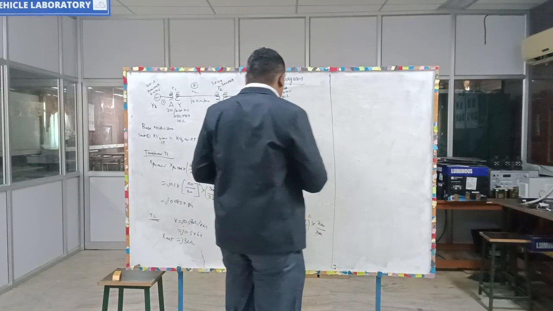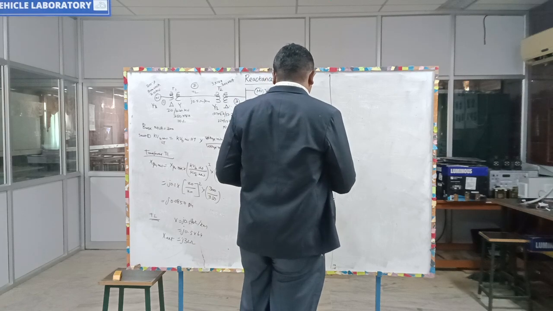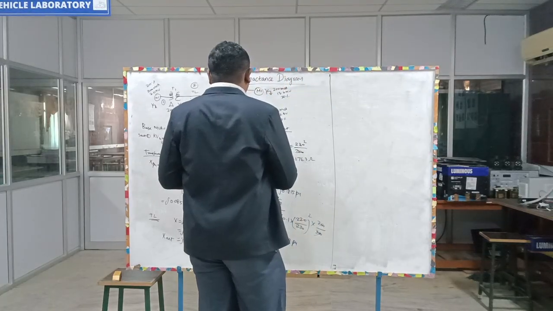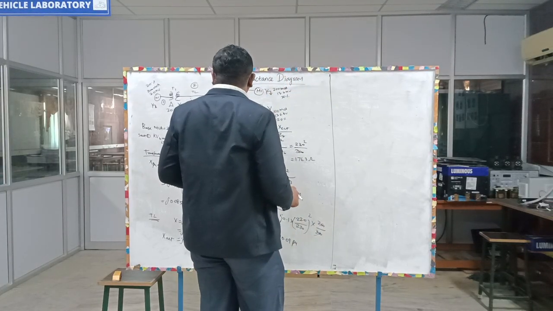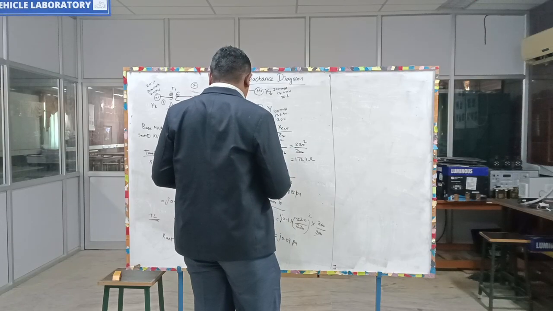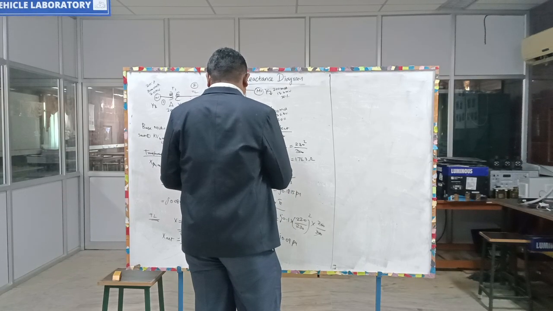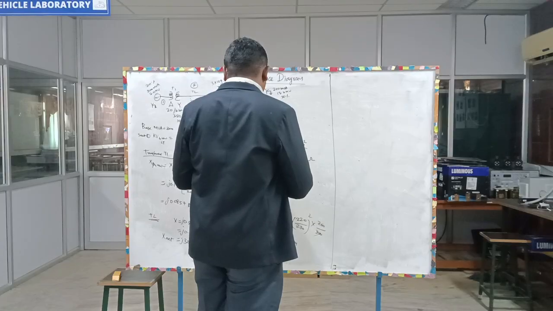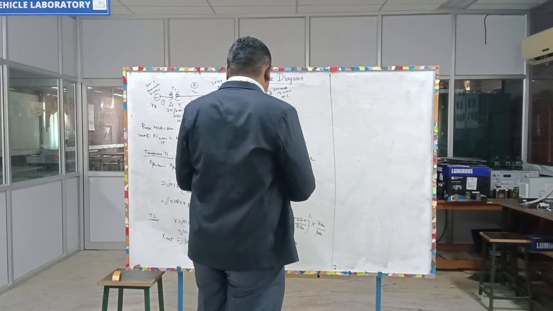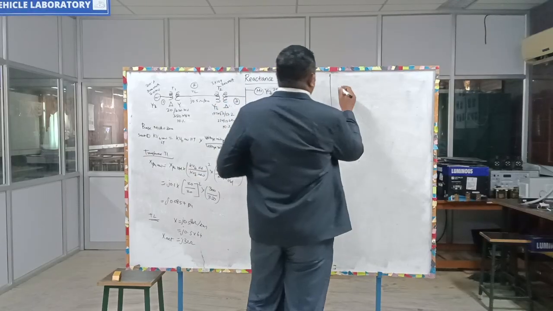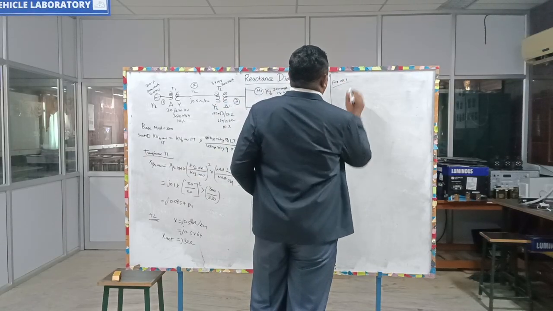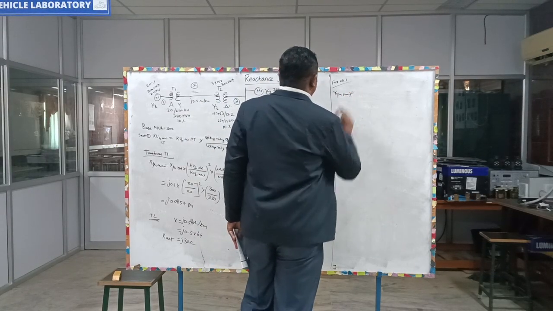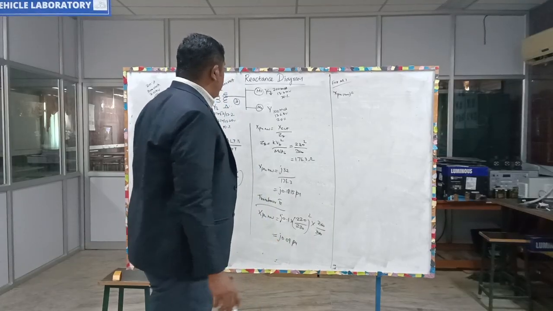Next, for motor M1, in the similar fashion you have to calculate and draw the diagram. For motor M1, X per unit new is equal to X per unit old for motor 1.